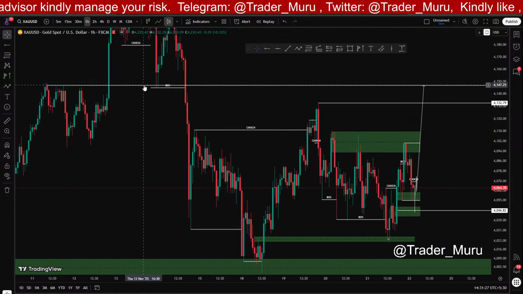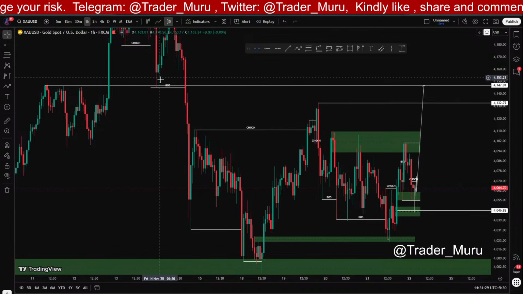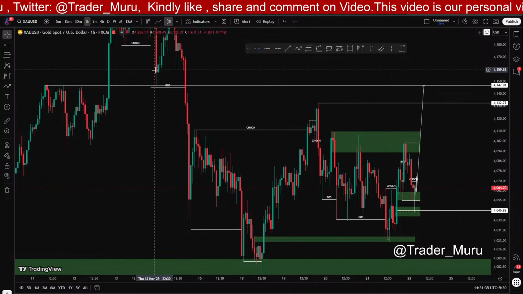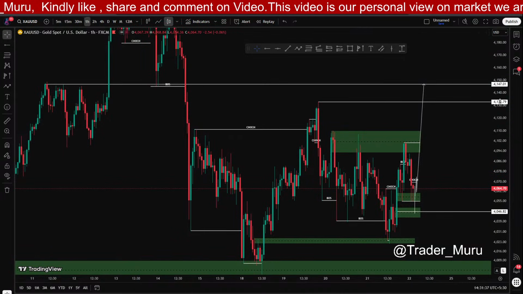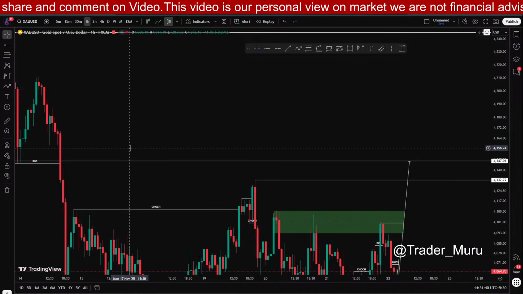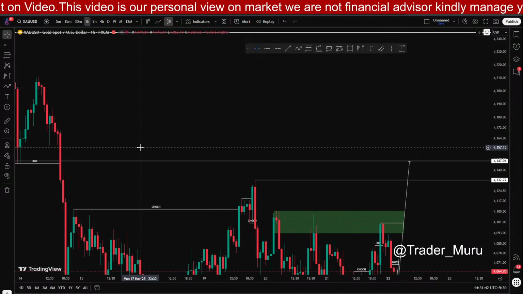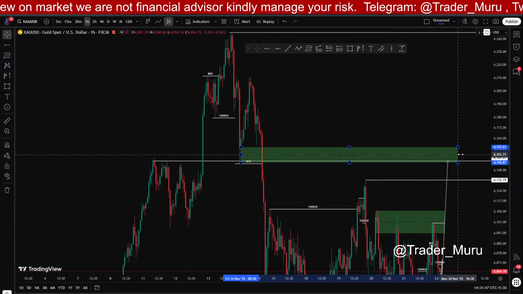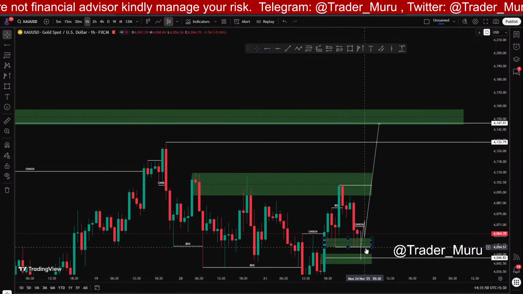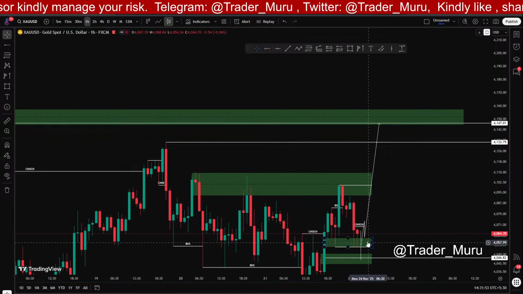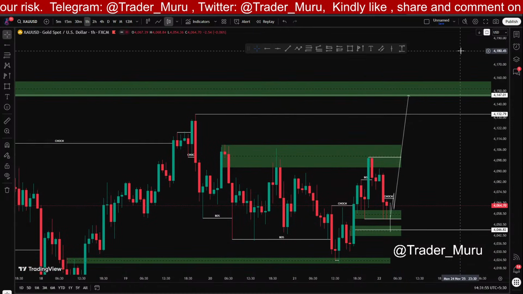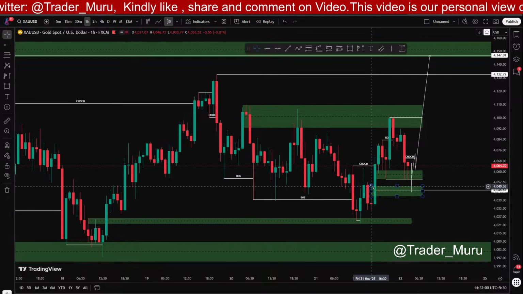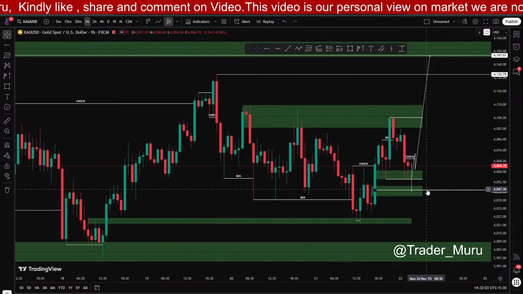In 4 hour it is still bearish, but testing of this zone is also important, so price can again pump and test this area of 4147 to 4155, this full zone. So until this zone I'm still bullish in gold, and price will give us some liquidity sweep, again reclaim, and target will be this high. We have this big morning star here too, so price can test this and again pump.